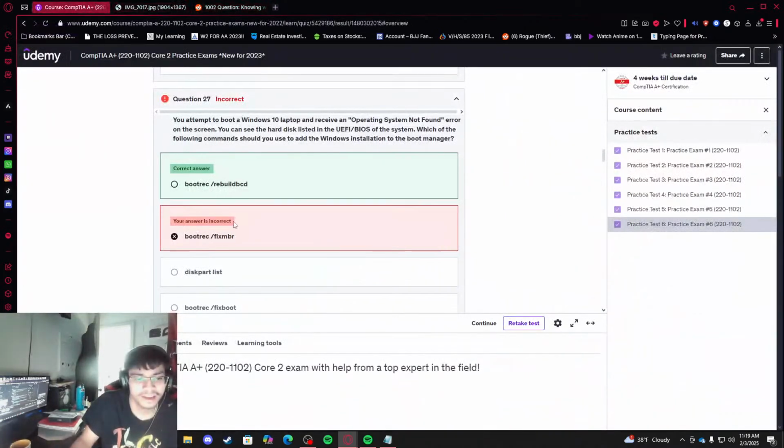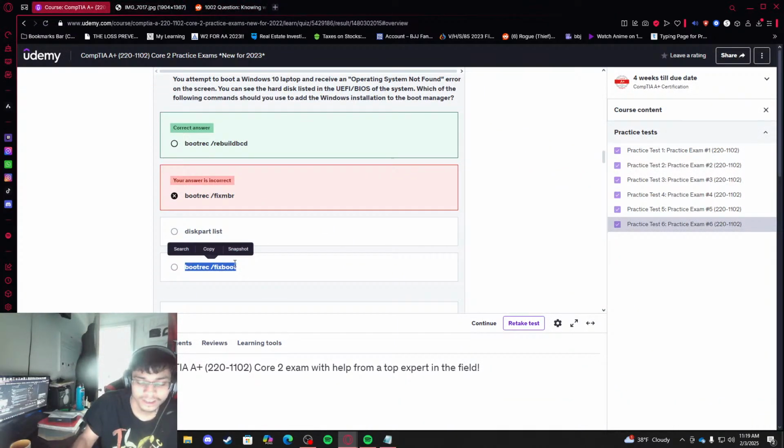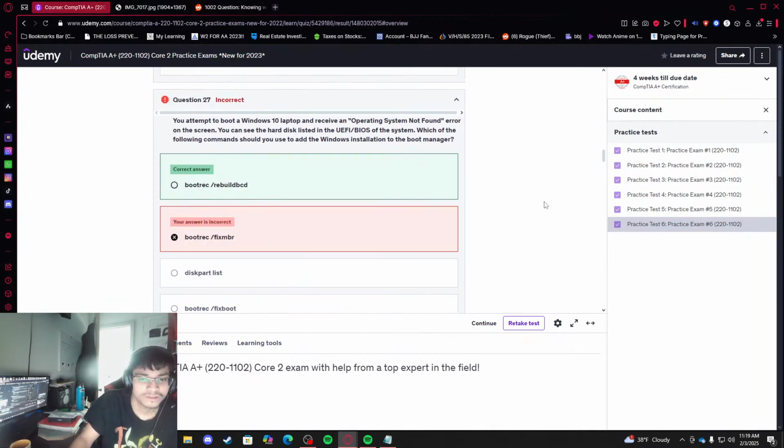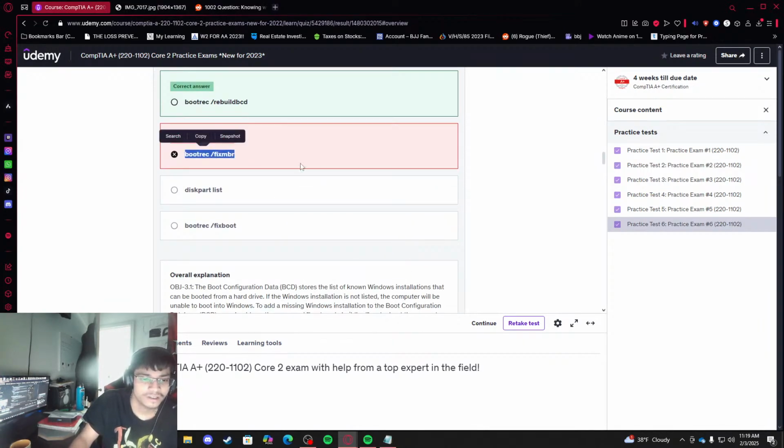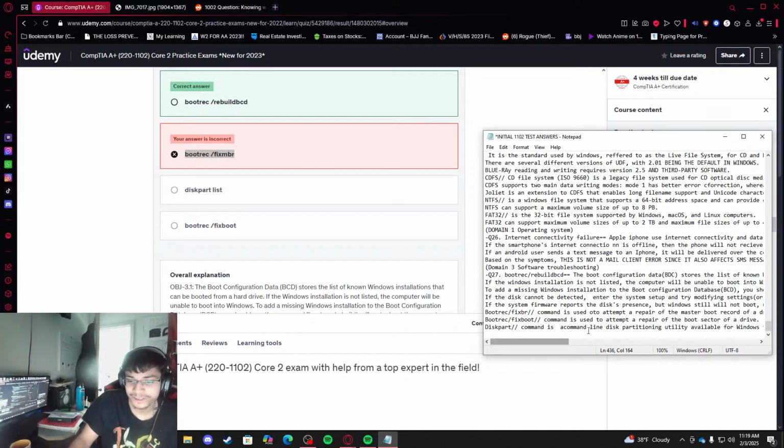Okay, that kind of clears it up. So this is for GPT tables. This is for MBR tables. That's great. Now I forgot the difference between those two, but we'll relearn that in the book.